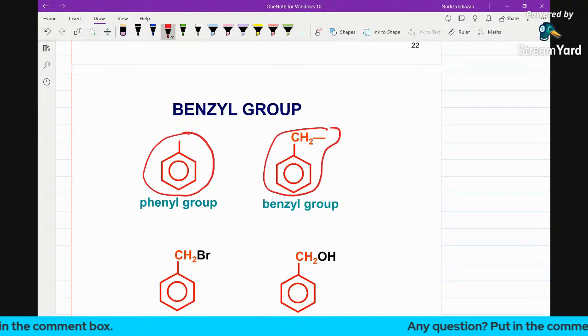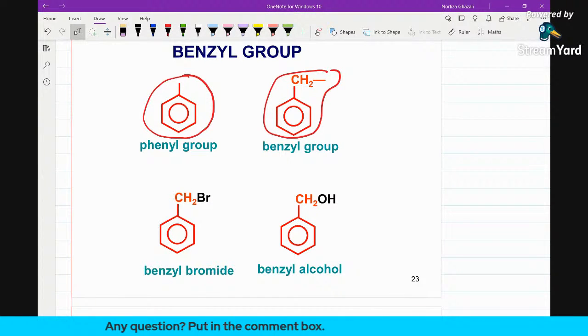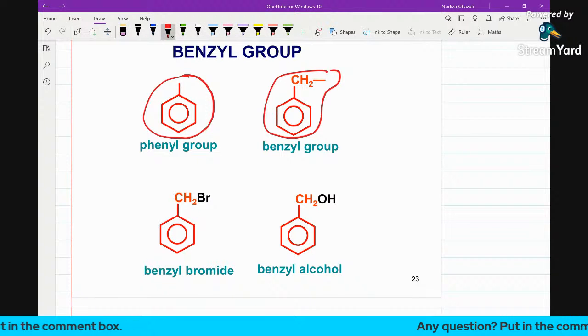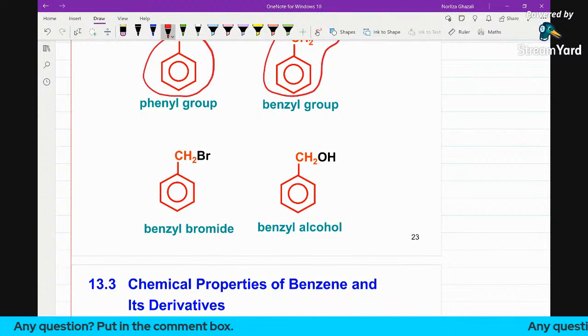So when benzyl is attached to bromine, it becomes benzyl bromide. Benzyl attached to OH becomes benzyl alcohol. So this is not an IUPAC name, yeah. This is a common name, yeah, common name.